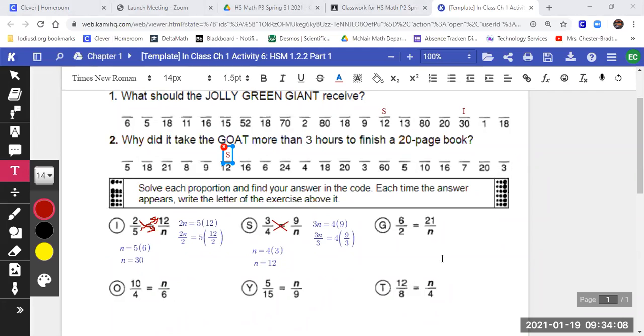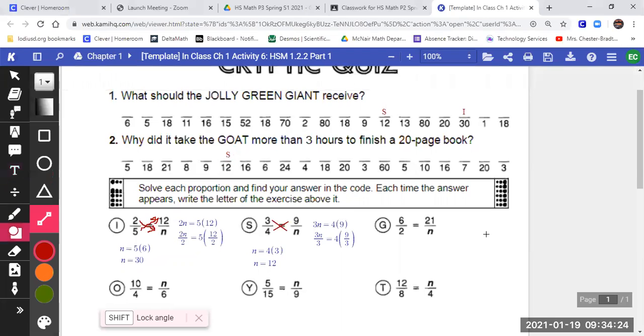Okay, so we're going to go do it again. Step 1, we're doing our cross multiply. So I'm going to show my cross multiply. I'm going to use my line. I'm going to say bottom of left times top of right. That's going to equal top of left times bottom of right. It doesn't matter who goes first.